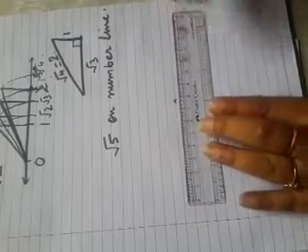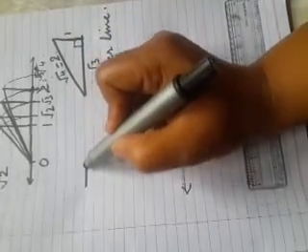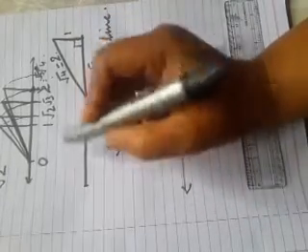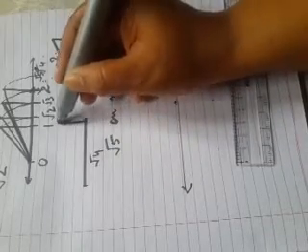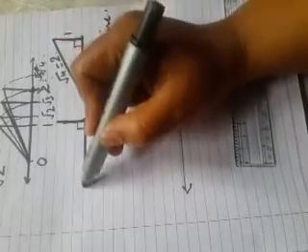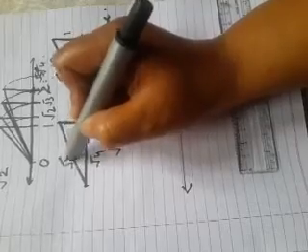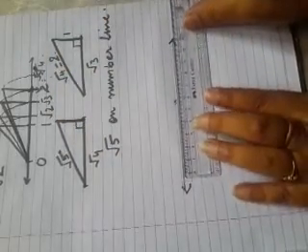Let me draw a number line. So you have understood that this distance should be equal to root 4. This distance should be equal to 1 unit, and this should be a 90-degree angle. Then this will represent root 5. So same thing we are going to take on the number line.